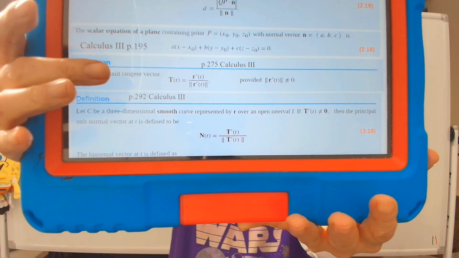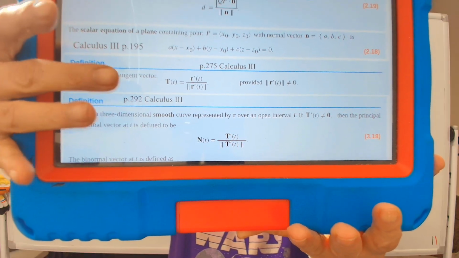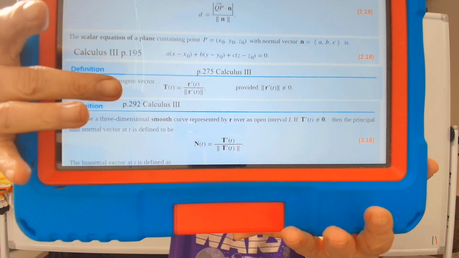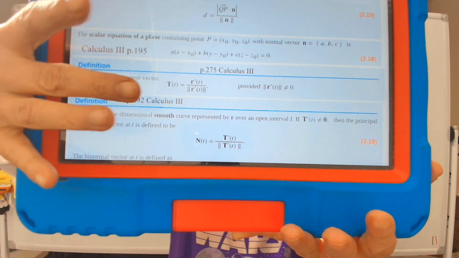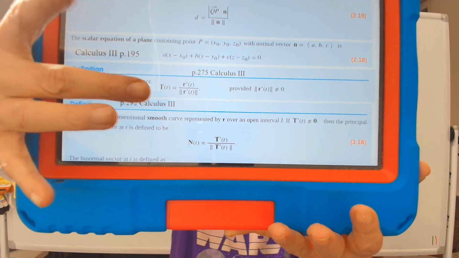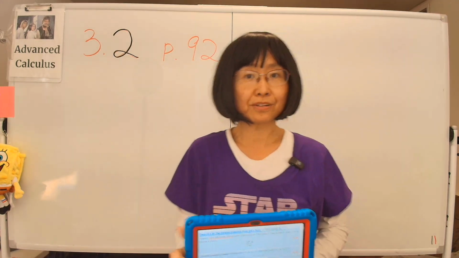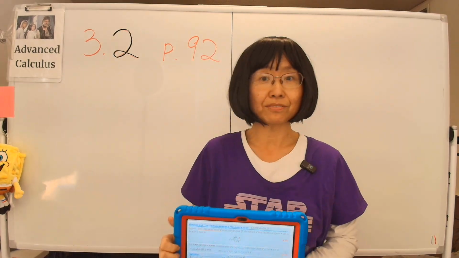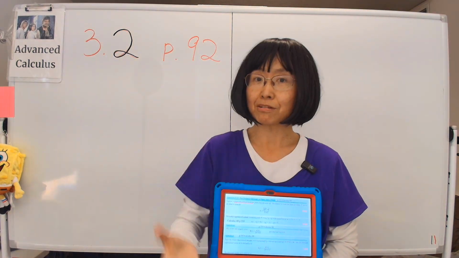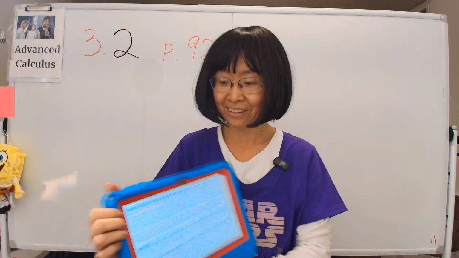You don't just take the derivative of r prime and call it done, because t prime is the derivative with respect to the variable t, which means you have to do the quotient rule, because the denominator, the magnitude, is also a function of t. So you end up doing the quotient rule, which gives you a giant headache, but that's the way it is.